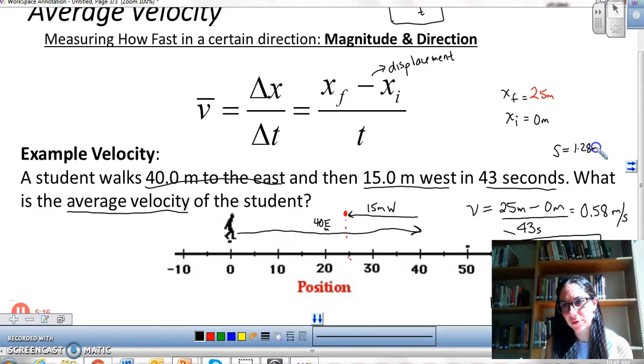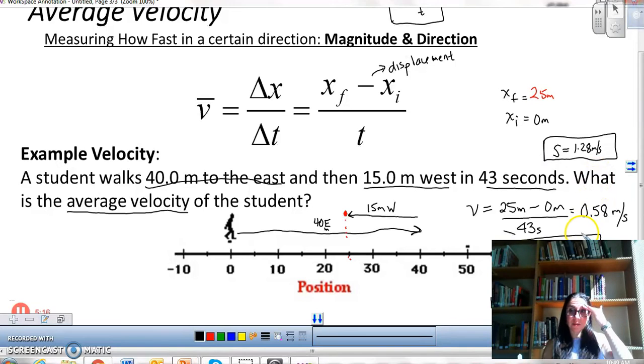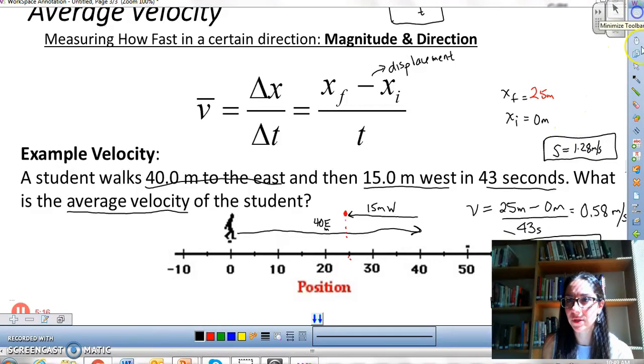Notice that this is a larger value. So this is telling us how fast we were going, but not really the direction we were going. Notice the difference in these answers. Pretty interesting. Even though they're measuring motion, there are two ways we can do it: one emphasizing the direction of the motion, and the other just how fast the motion is. That's the major difference between speed and velocity.